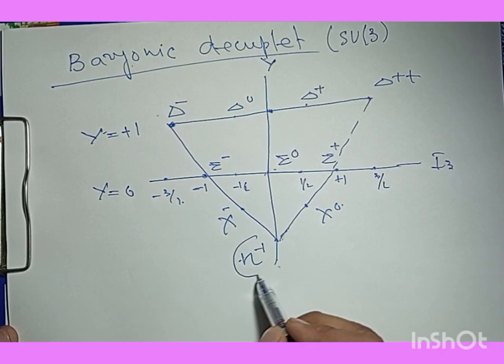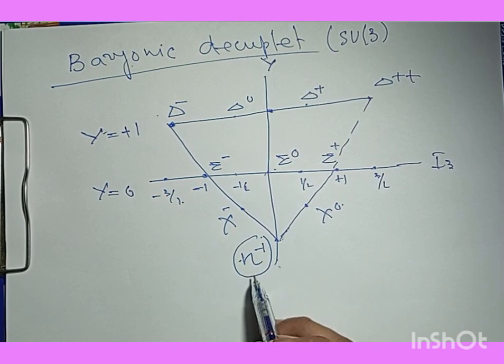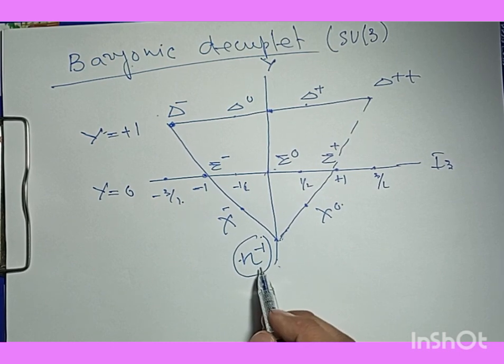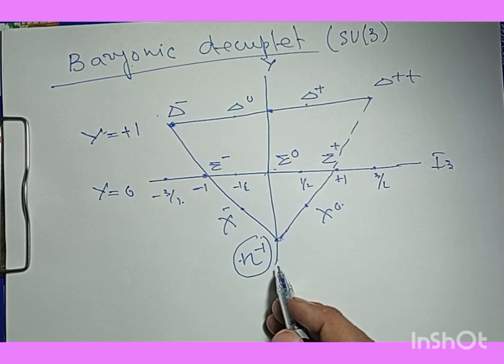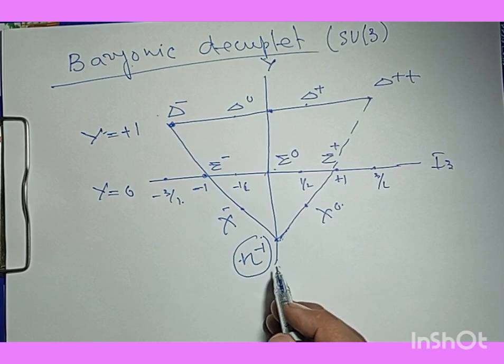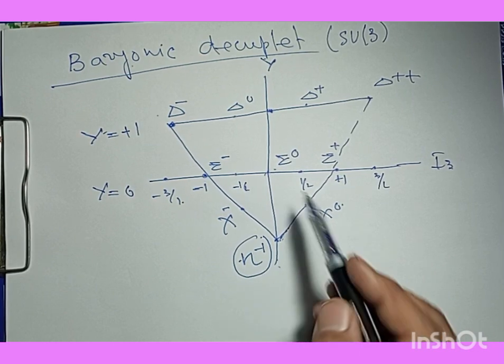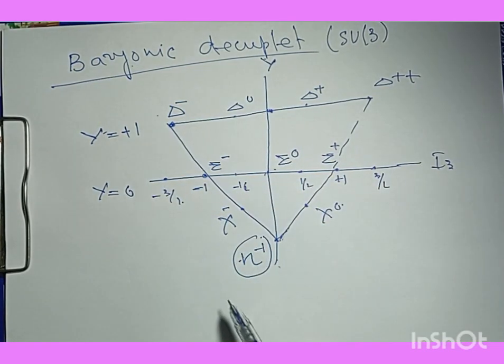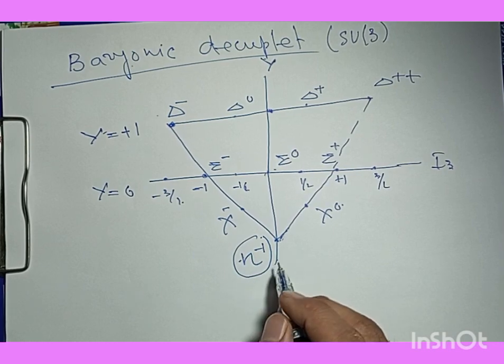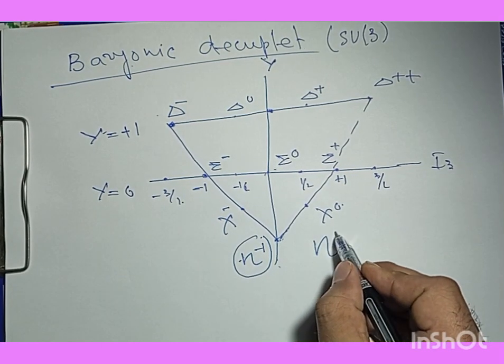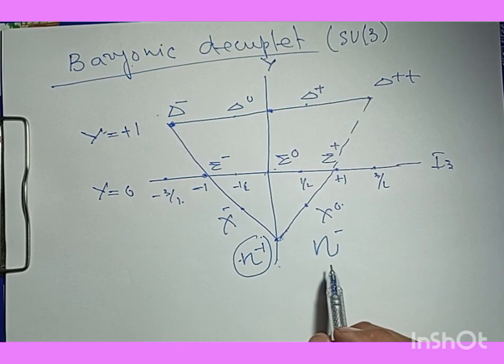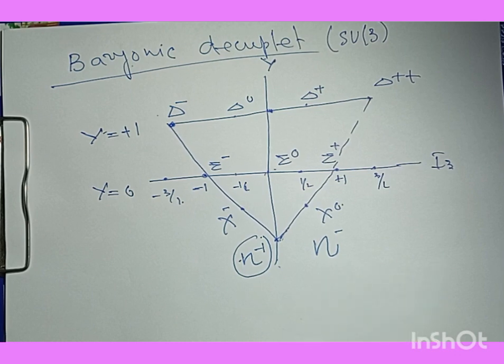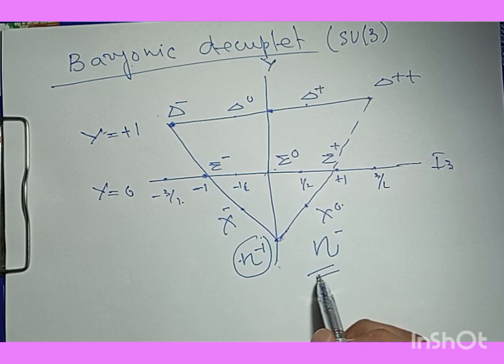Now this particle was not here. This omega hyperon at the vertex of this triangle pattern was not known at the time of the prediction of this baryonic decuplet, and it was Gell-Mann who gave it the name omega, and also predicted the properties of this omega minus hyperon.